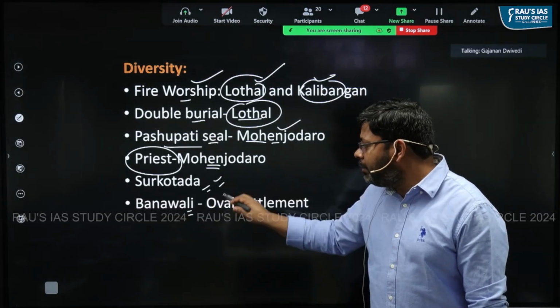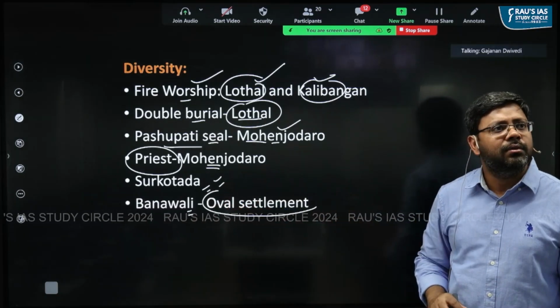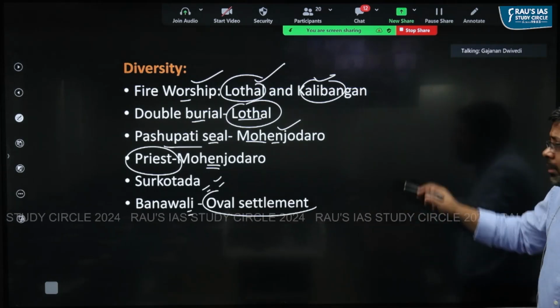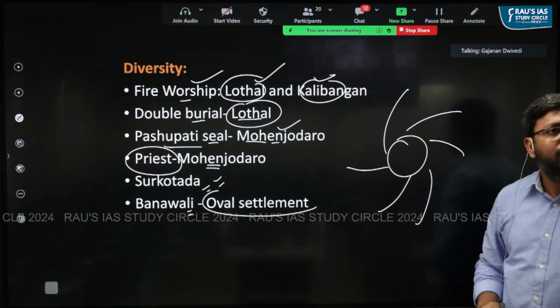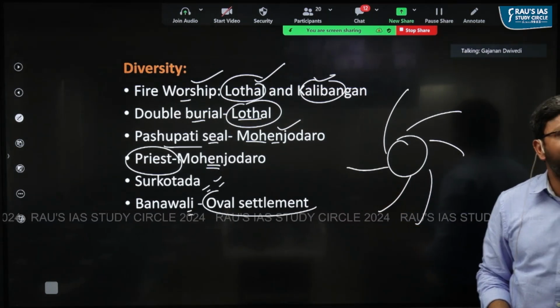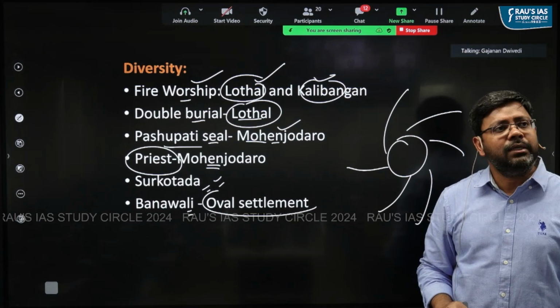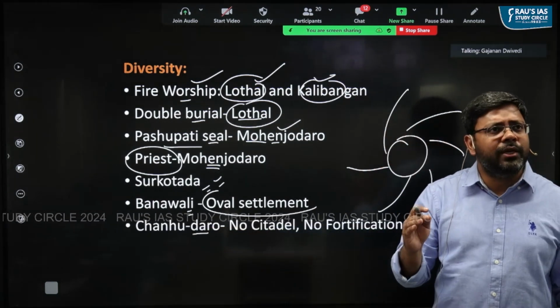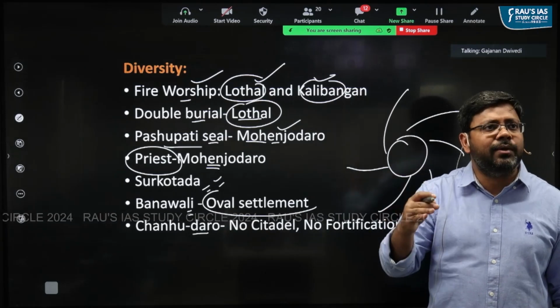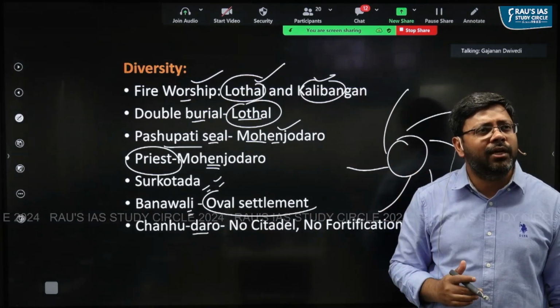Then in Banawali, the settlement is oval. Otherwise, the settlement is grid pattern. But in Banawali, the settlement is oval. Don't you think that oval settlement is not something that is common among the Harappan civilization? Then from Chanhudaro, just nearby Mohenjo-daro, you'll find the place Chanhudaro.